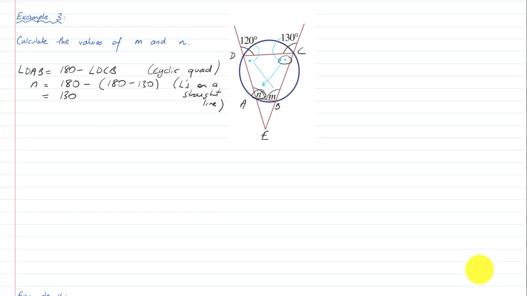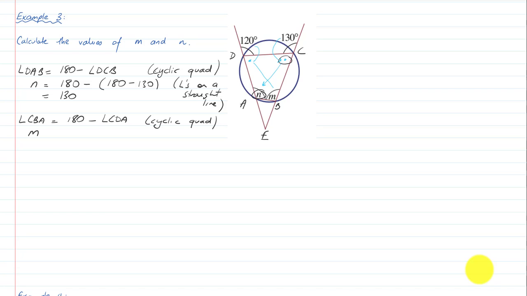So n is equal to 130, and for a very similar reason I get angle CBA is equal to 180 minus angle CDA. This is also a cyclic quadrilateral again.